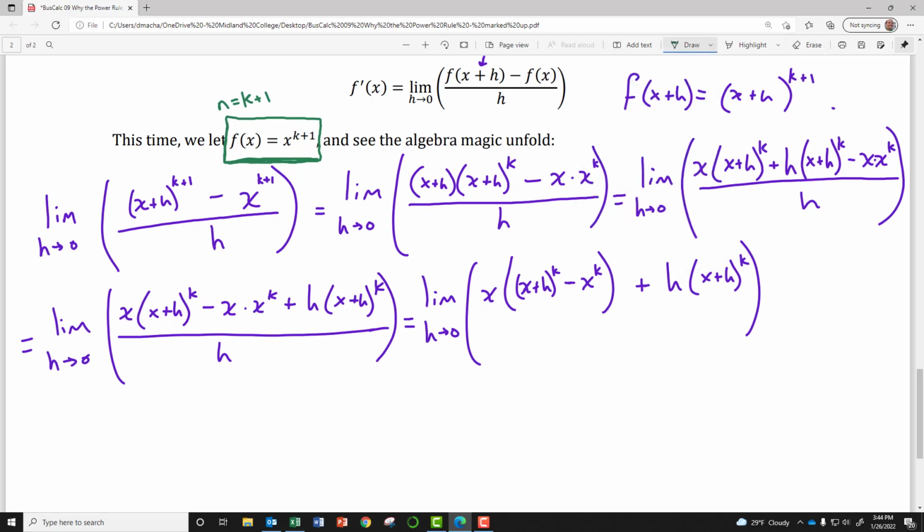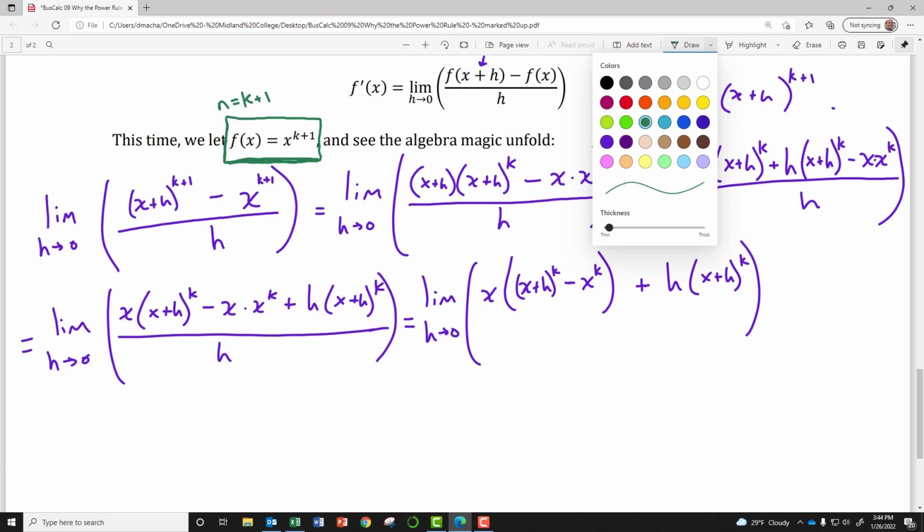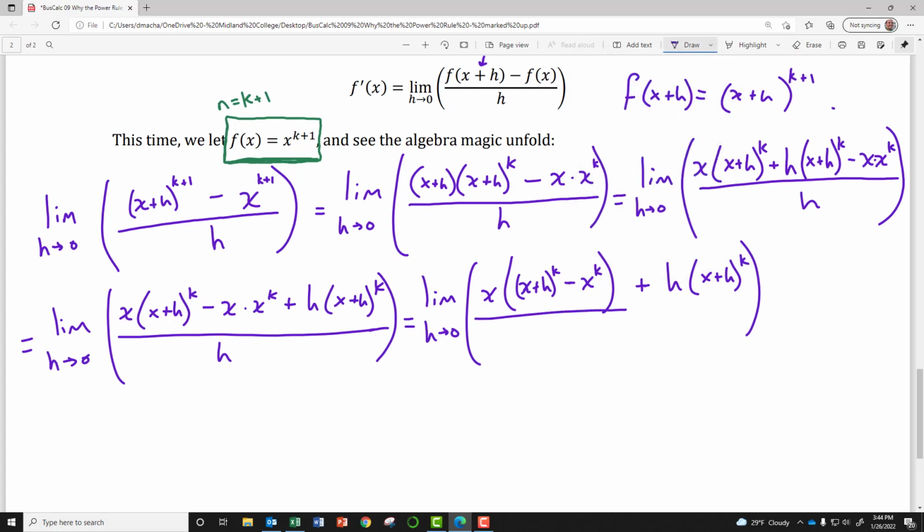I'm going to redraw this as two different fractions, both with the denominator h. And hopefully you've seen that before in algebra, and we understand why we can do this. I'm trying to take as few breaks as possible, because I know this is already going to be long.